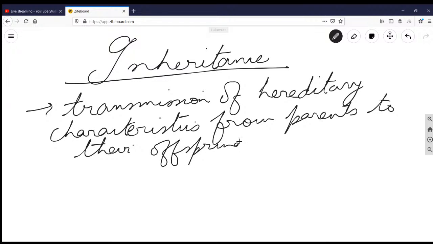That is, you are inheriting the genes, the inheritable factors, right? Now, this entire mode of transmission, which will be expressed, which will not be expressed, which will be dominant, which will be recessive, is all defined by the term genetics.